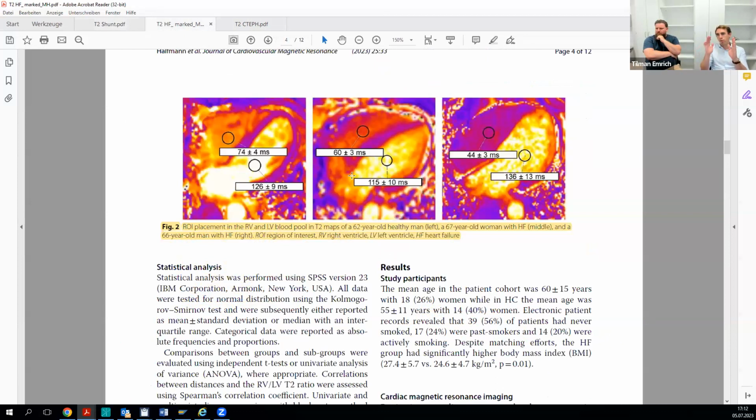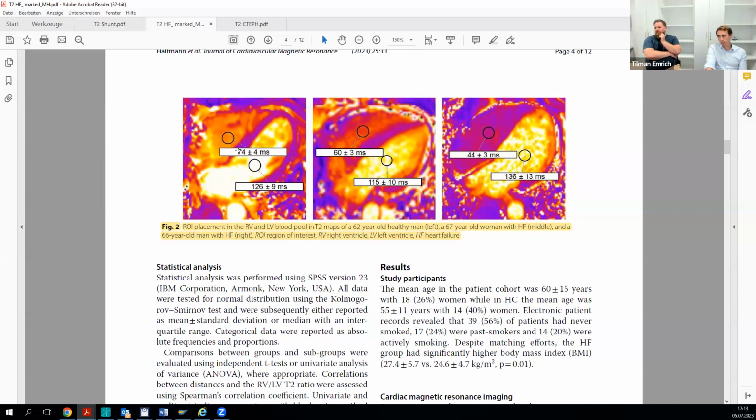And now we are shifting that frame to the right by 1, basically. So you can see here 3 T2 maps of a healthy person on the left, then a person with heart failure in the middle, and a person with severe heart failure on the right. And what you can see right from the get-go is that this ratio will be different than this ratio, right?